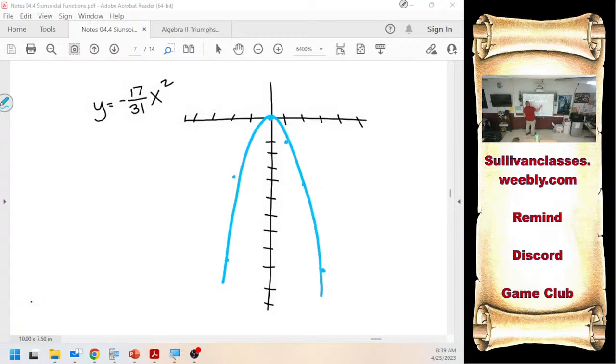Make my regular parabola and then say times 17/31 for my y-axis. Yes. I said this when we reviewed quadratics, like day 3.